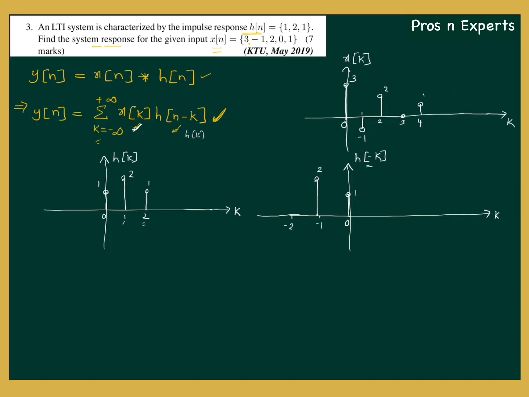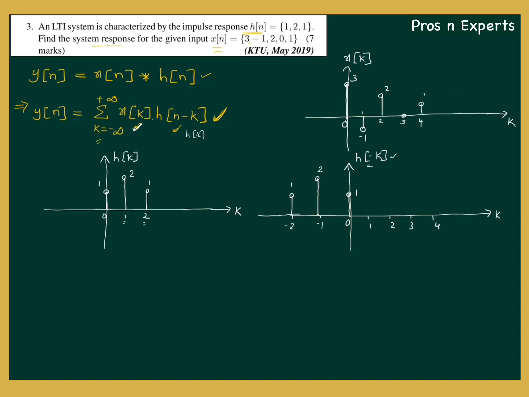And at k equal to minus 2 we will have sample 1. Okay, so h of minus k is nothing but folding h of k about the y-axis. You can visualize it in that way too. So this is h of minus k.